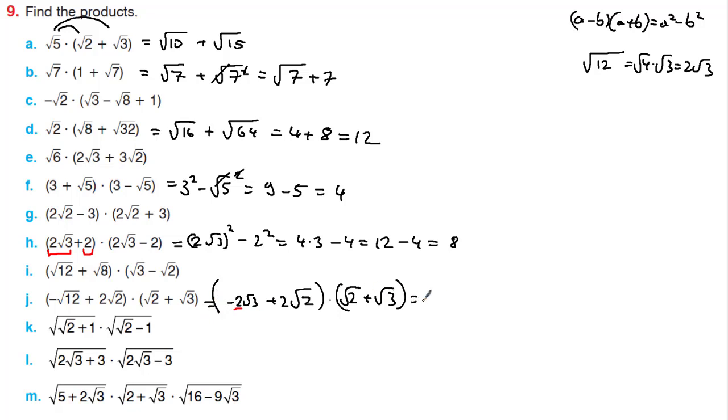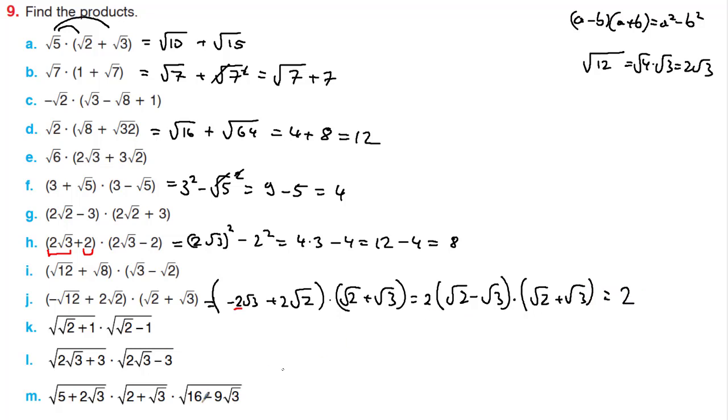Now, if we factor out a 2, what do you get? It should be negative root of 3 plus root of 2. But to make it look like the formula we are using, I will just switch the order to root of 2 minus root of 3 times root of 2 plus root of 3.